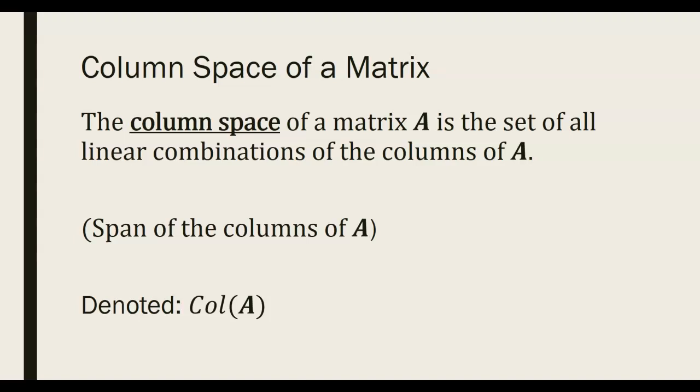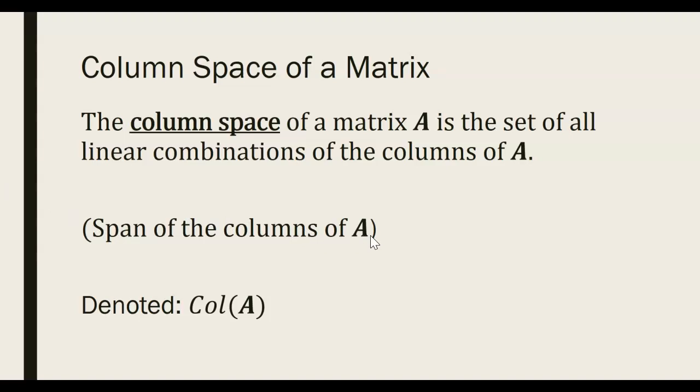The column space of a matrix is just the set of all linear combinations of the columns of A. So in other words, we're going to treat the columns of A as vectors, and we're going to take the column space to be the span of those vectors. So the column space is simply the span of the columns of A.